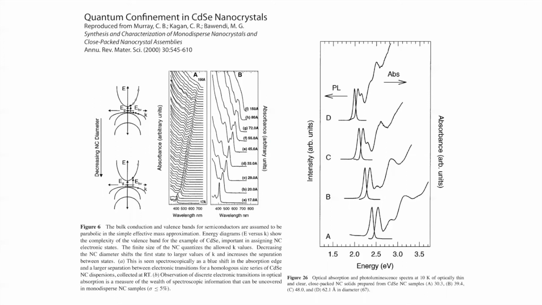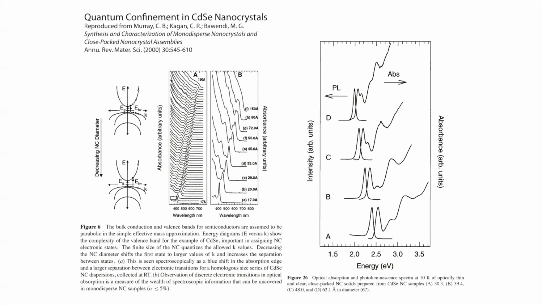And so on the very far left, you see the E versus K diagrams for cadmium selenide. There's one conduction band level shown, and there are three valence band levels shown. And then you can see that there are discrete values of K that are possible, formulated by those dots in the drawing.